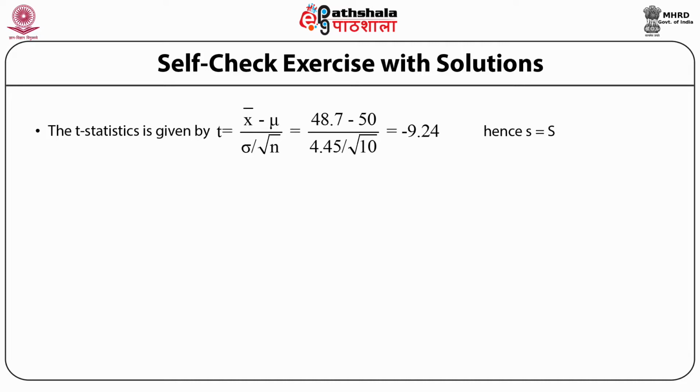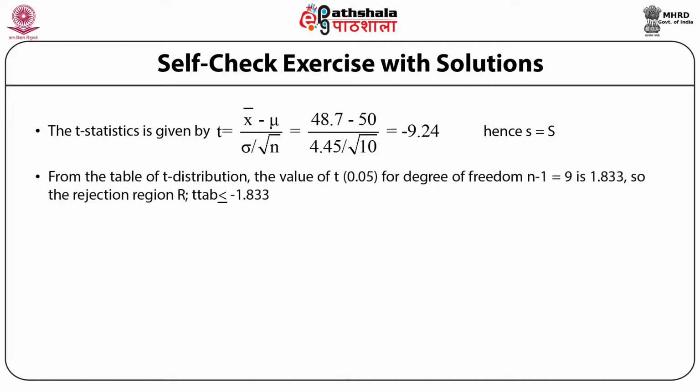We need to find out now the t table value, and that can be seen from the t table, which is usually given as an appendix at the end of most statistical books. So from the t distribution table, the value of t at 0.05 alpha, with degrees of freedom n minus 1, that is 10 minus 1, which is 9, comes out to be 1.833.